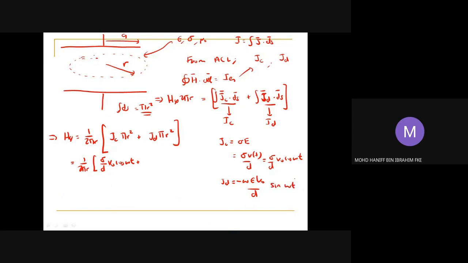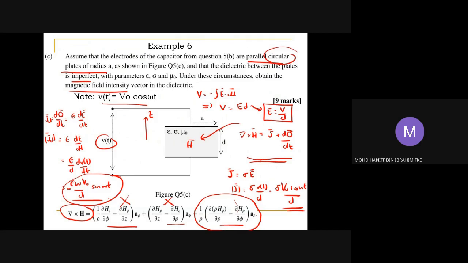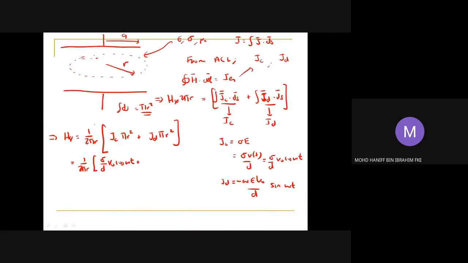Just remember, this is obtained from the differentiation of dD over dt, which lets us find the JD. We need to substitute this in the equation here. So we have negative omega epsilon V naught over d sine omega t multiplied with pi r squared.